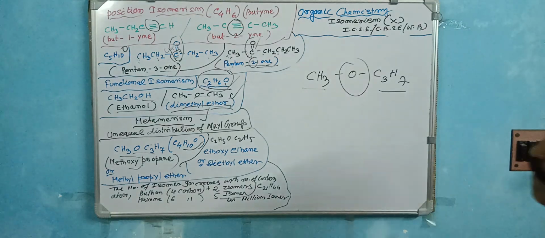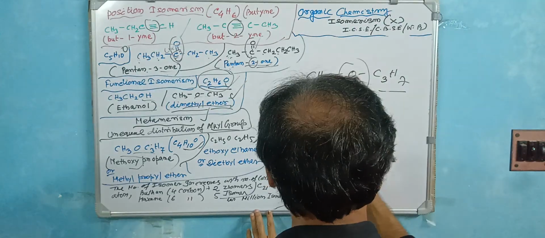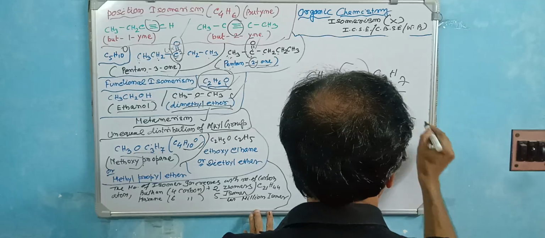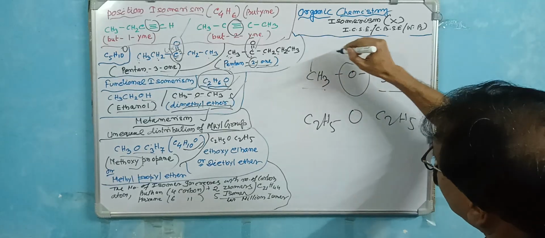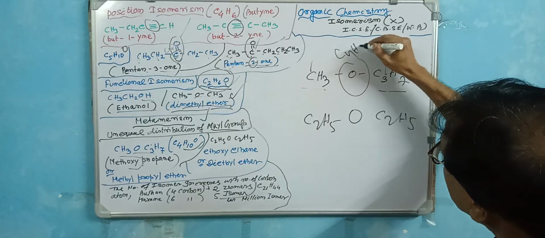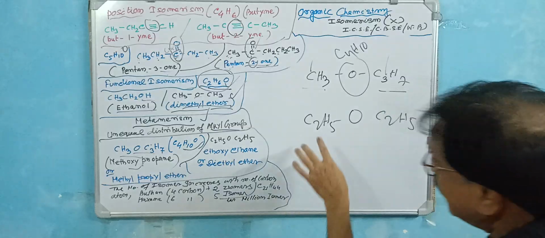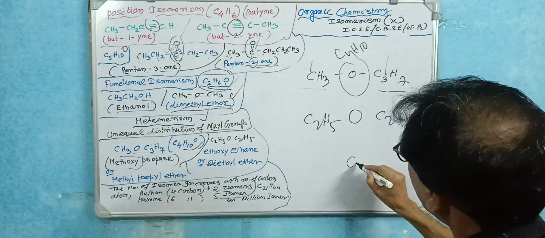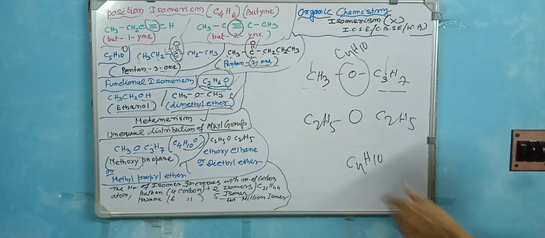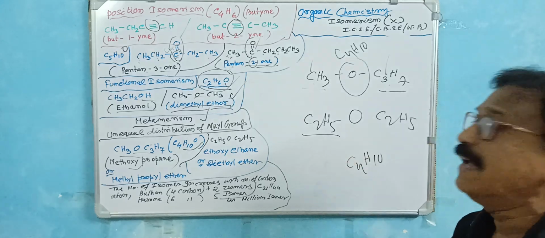But with the same alkyl groups in a different arrangement, suppose this is C2H5 and this is also C2H5. The total number of carbons is 4, and the total number of hydrogens is 10: C4H10O. But with a different structure and arrangement. Here the alkyl groups are CH3 and propyl, here they are ethyl.